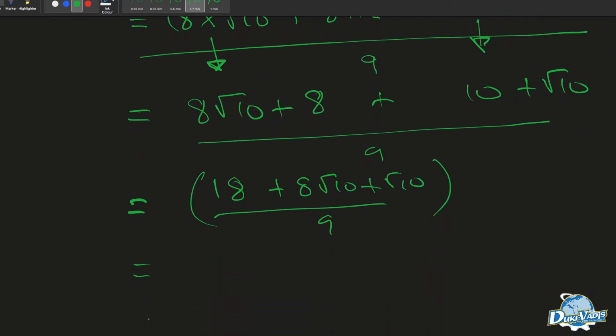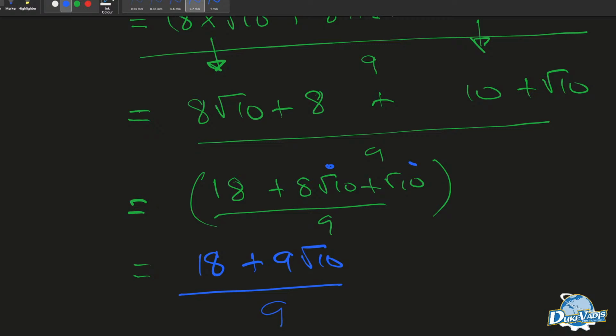Since we have root 10 as a common value, when we add them together, this will be 9 root 10. So 18 plus 9 root 10 all over 9.